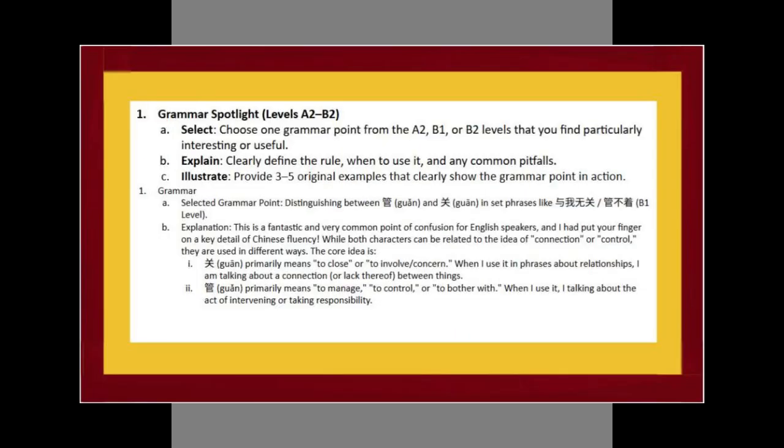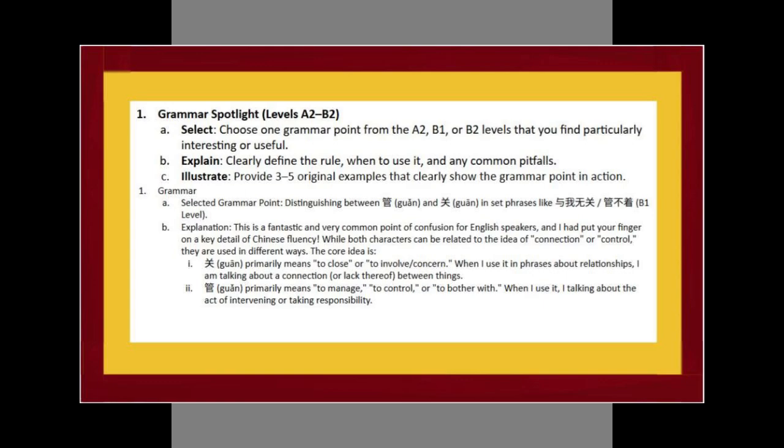1. Grammar. A. Selected grammar point: distinguishing between 关 and 管 in set phrases like 与你无关, B1 level. B. Explanation. This is a fantastic and very common point of confusion for English speakers, and it puts your finger on a key detail of Chinese fluency.